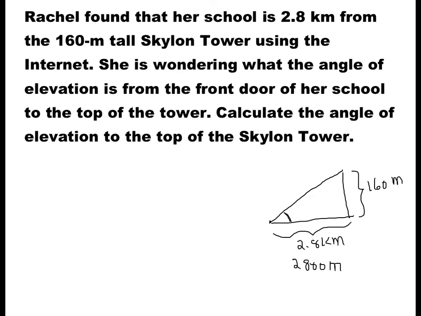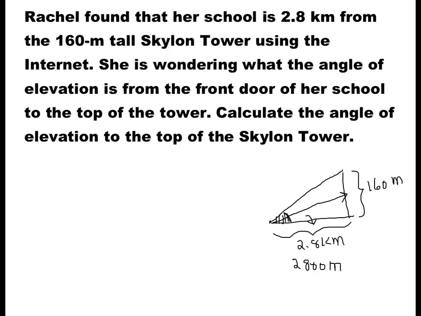So now to find this angle, we use SOHCAHTOA. We say we have to find this angle. We know the opposite side, which is 160 meters, and we know the adjacent side, which is 2,800 meters.